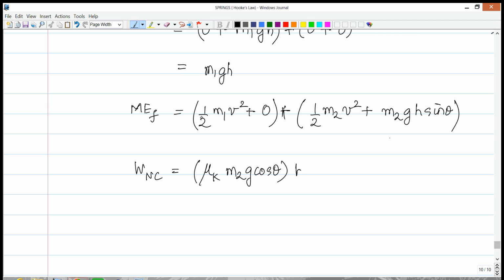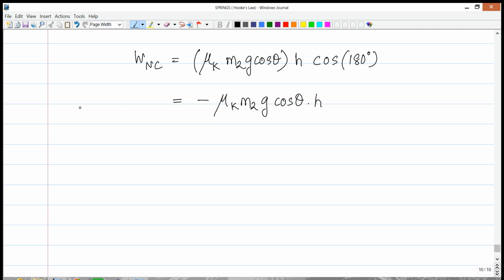It travels a distance h, and the angle that the force of friction makes with the displacement is 180 degrees, which is what makes it minus. So this will give me negative mu_k m2 g cosine theta times h. Great. We have all our components. And now we can plug it into the equation.